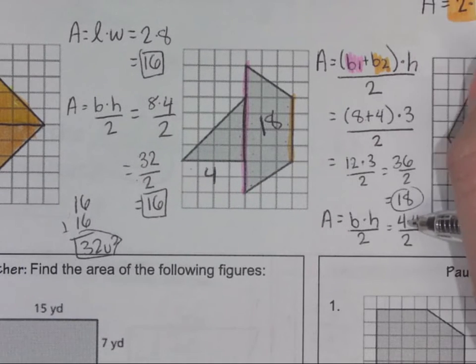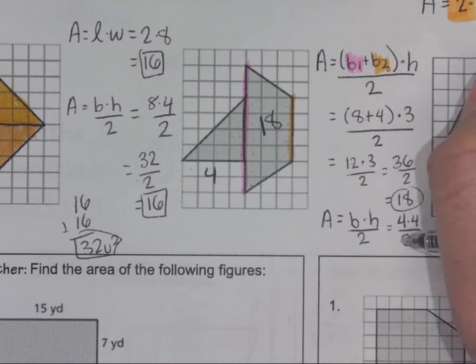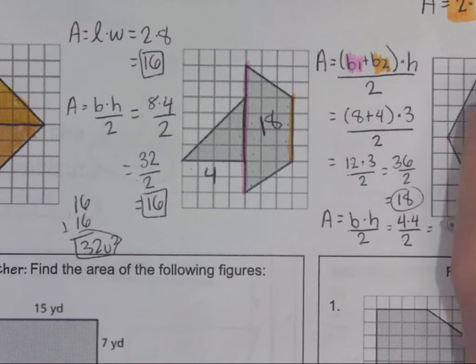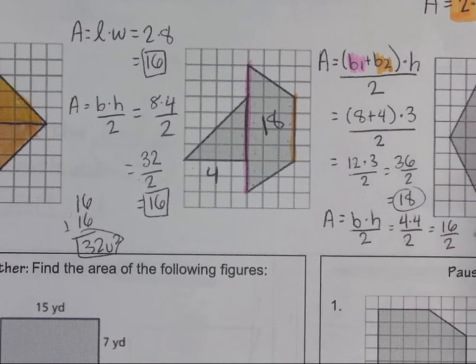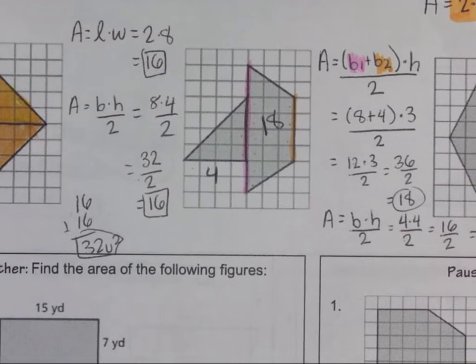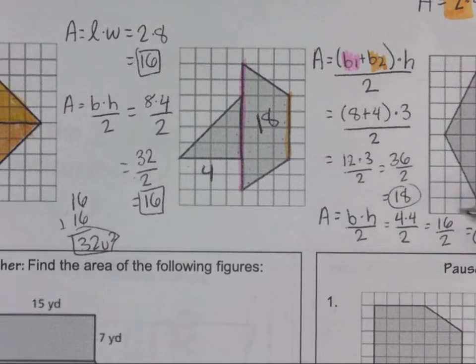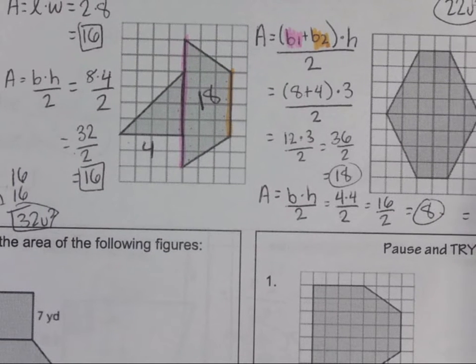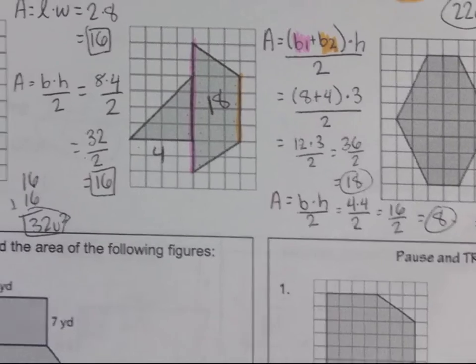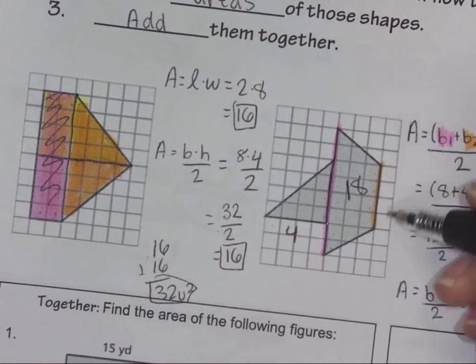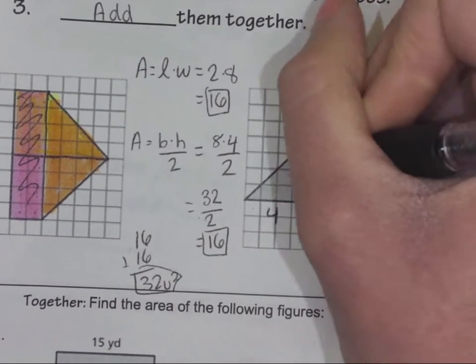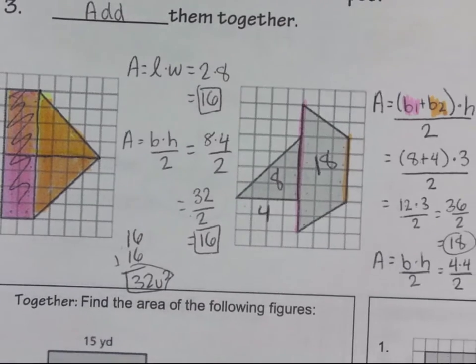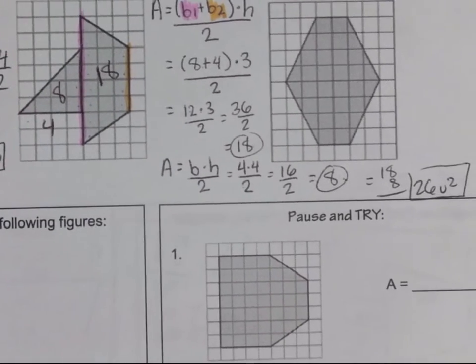So I have base times height, 4 times 4 divided by 2. 4 times 4 is 16. 16 divided by 2 is 8. So I have 18 plus 8. When I add those two together, 18 plus 8 gives me 26 units squared for the total area of this right here. That would be 8. All added together is 26.